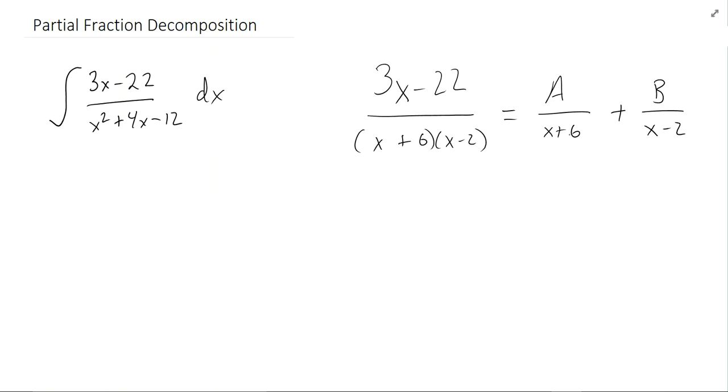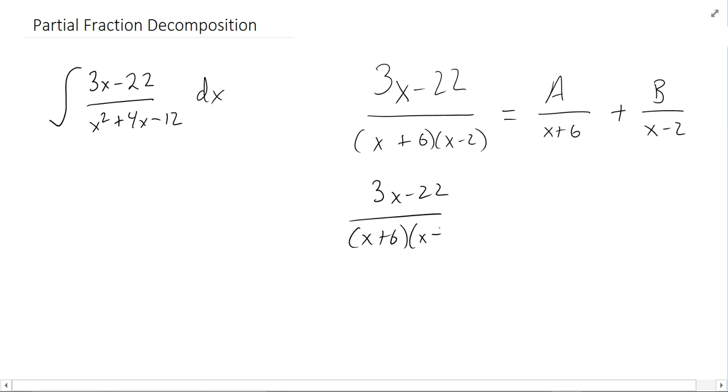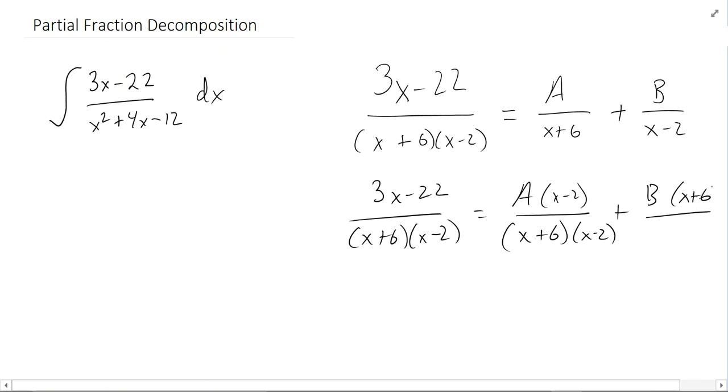So if these two expressions are going to be the same, what should happen is, if I get a common denominator on the right hand side, I'll multiply the first one by x minus 2 over x minus 2, and I'll multiply the second term by x plus 6 over x plus 6.